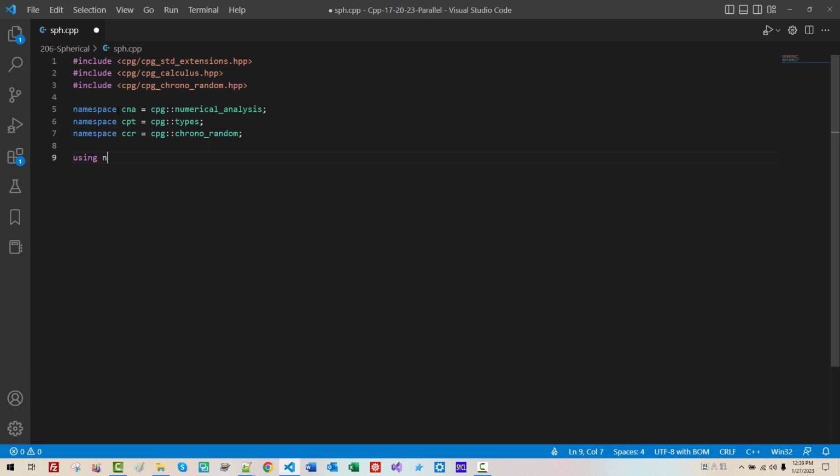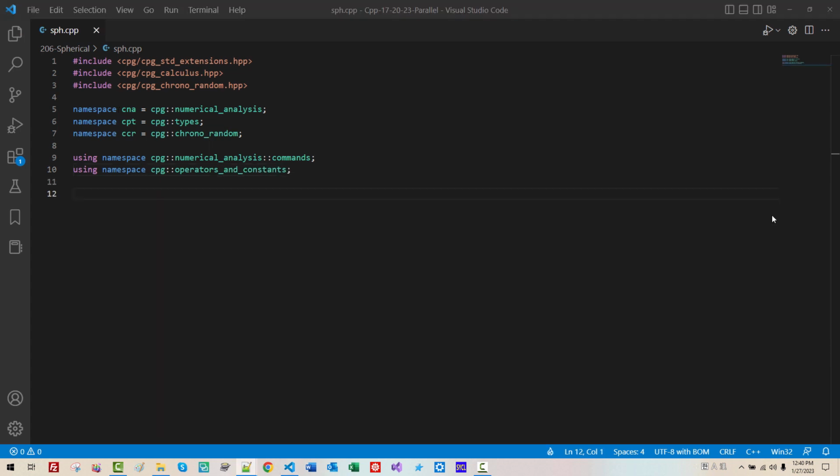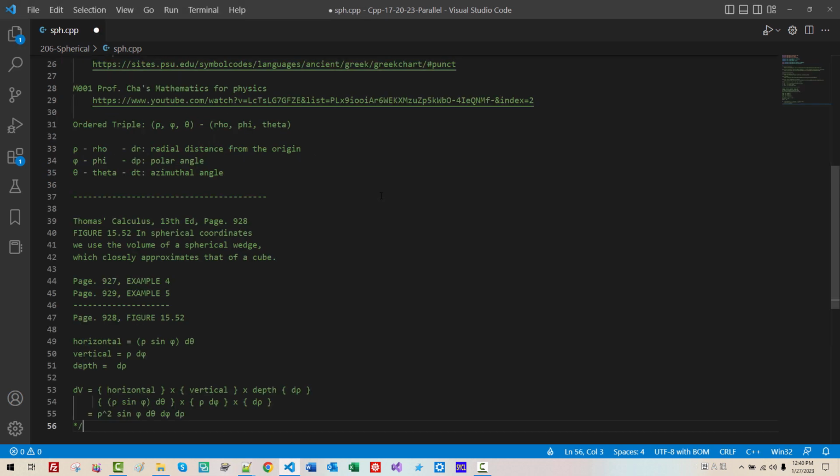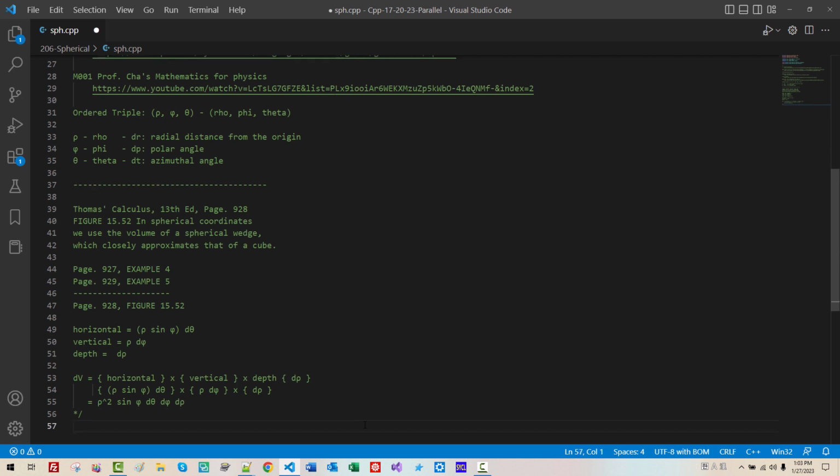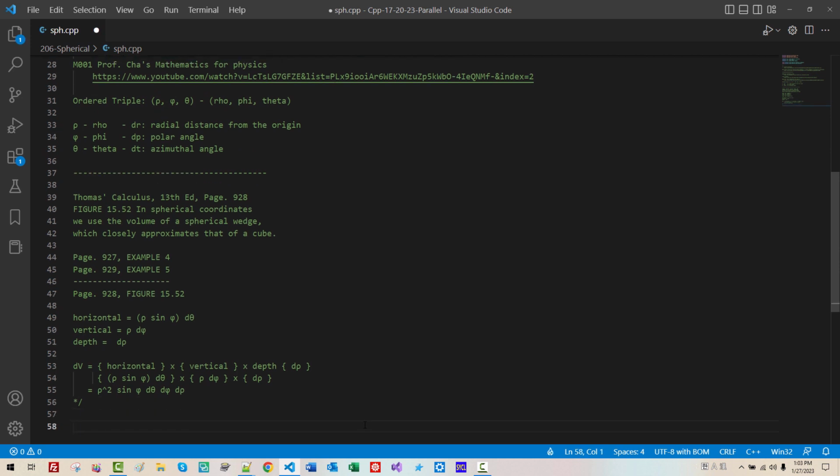Using namespace CPG, numerical analysis, commands. Using namespace CPG, operators, and constants. I would copy these links. I will put a line break here.